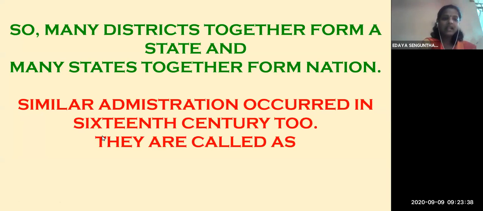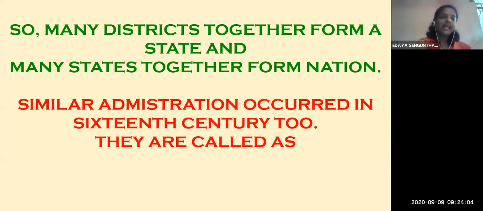Now we are going to learn the administration setup of the 16th century. Right now we have states, districts, a nation, and then the neighboring countries worldwide. This is the political map setup available in the 21st century. But now we are going to learn about the 16th century administration setup.